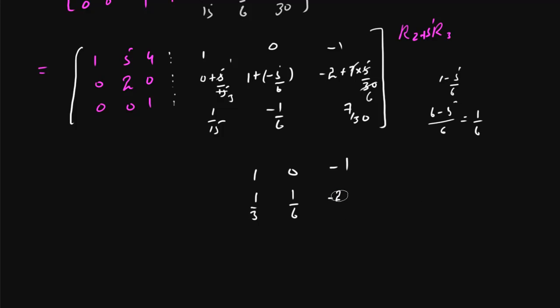Okay, let me just do that in here inside. Minus 2 plus 7 multiplied by 5 over 30, we just cut that with 1 and 6, and we now get minus 2 plus 7 over 6. Now what we will get, minus 12 plus 7 over 6, and next we will get minus 12 and 7, we have 5 over 6.